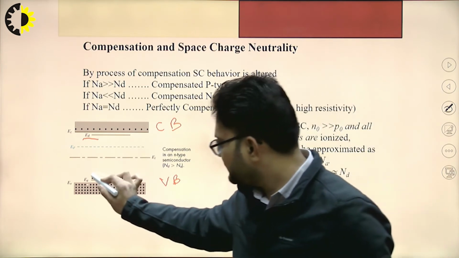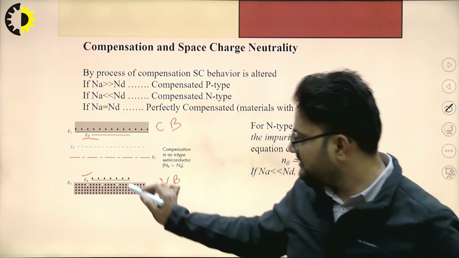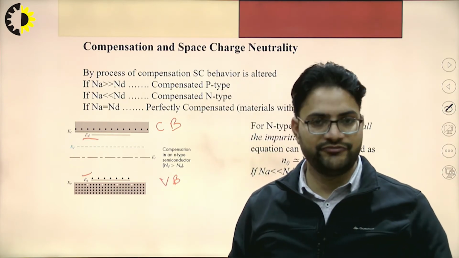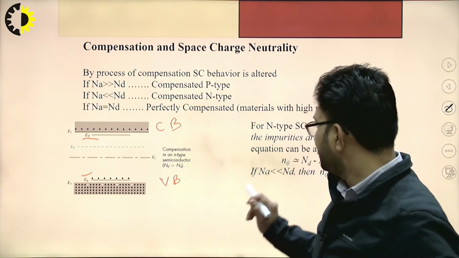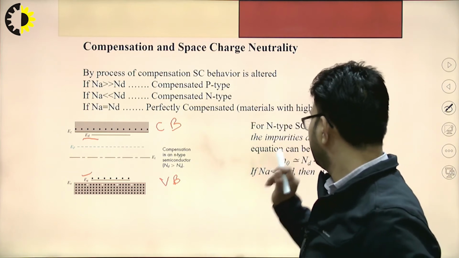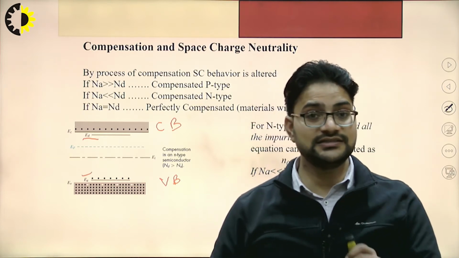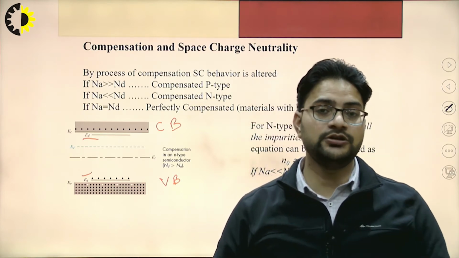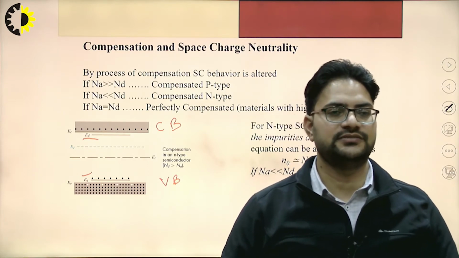Next is the acceptor ion energy level, represented by Ea here, which is near the valence band. In the donor-type N-type semiconductor material, electrons will be the majority charge carriers and the holes will be the minority charge carriers.